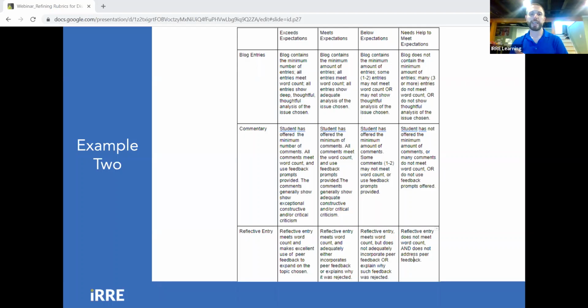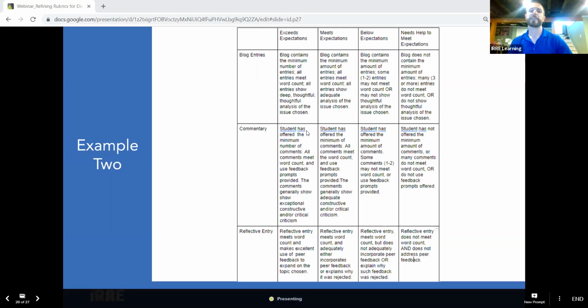And then once they had written their own blog entries and commentary, to bring the whole learning process to a close for that unit, they asked the students to write a reflective entry to really look at some of the feedback that their peers had given them.